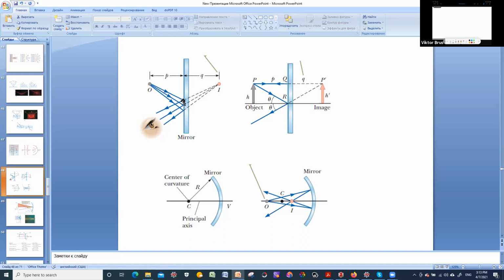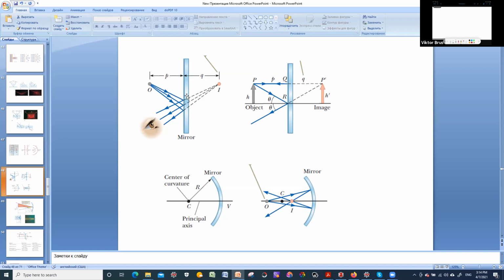Then they reach the surface of the mirror, and according to the law of reflection, they are reflected from the mirror. So what happens here is that we see that these reflected rays diverge after reflection, so they go at different angles and kind of deflect from each other.